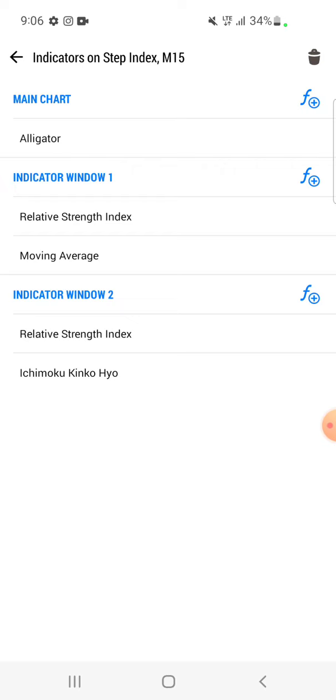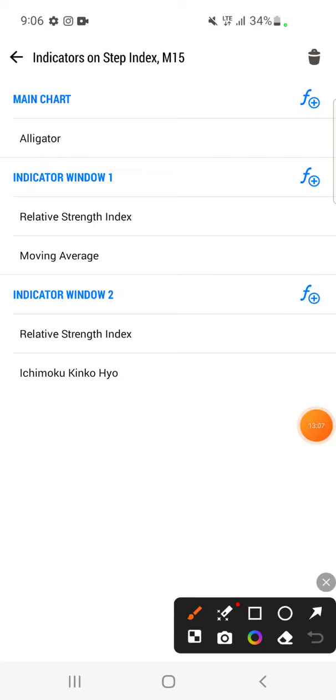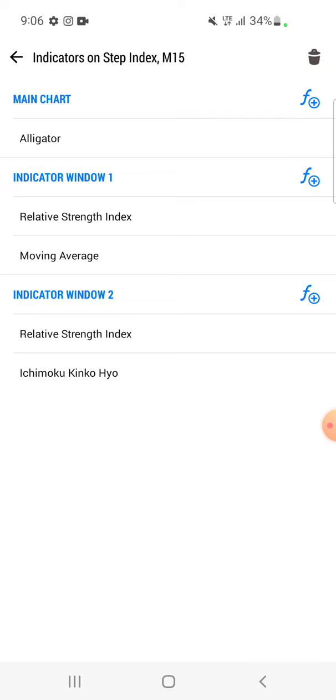And then lastly, the second RSI, which is the indicator window 2. Please just come back to this main chart. That is where you should click in order to put the indicator window 2. Click on the F icon here on the main chart. If you click on it, it's going to show you a window for the indicators.